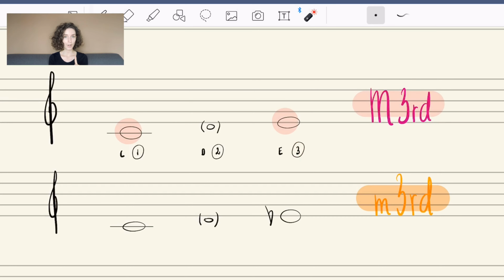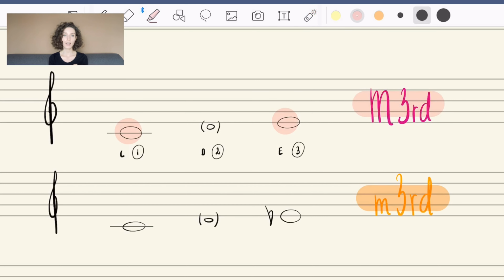Also, I know that it is a major third, so I know its quality. Its quality is a major third because C and E belong to the C major scale, not a C minor scale, but a C major scale.